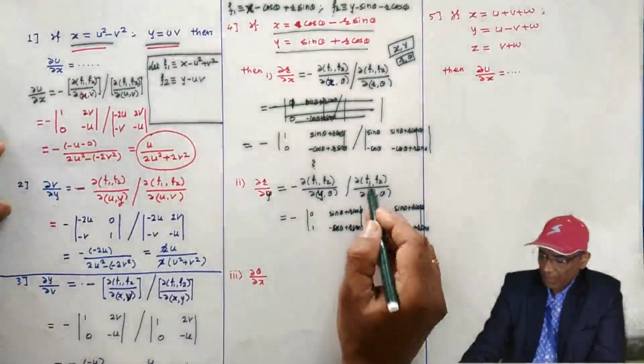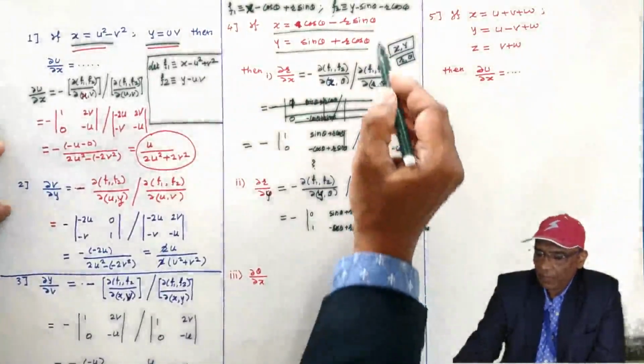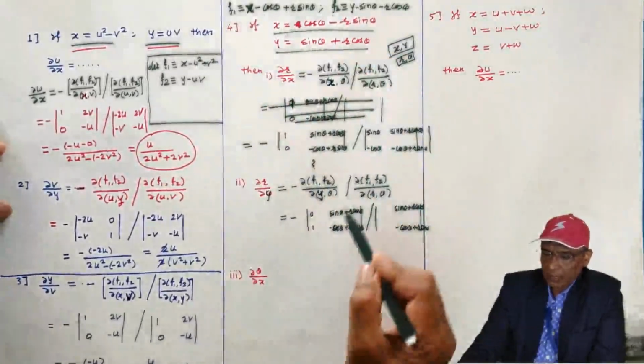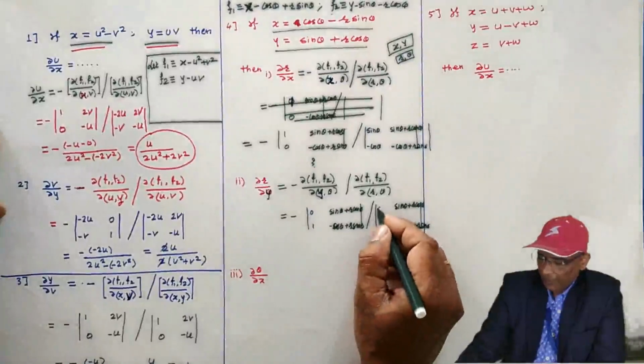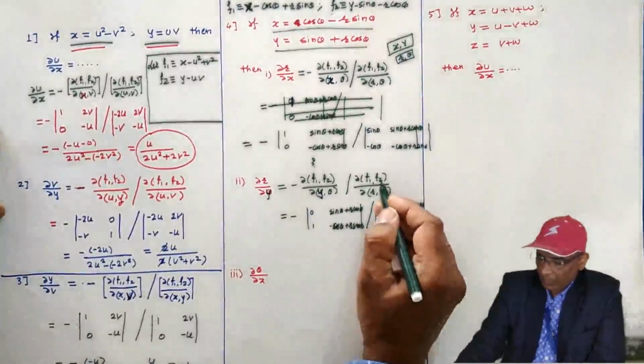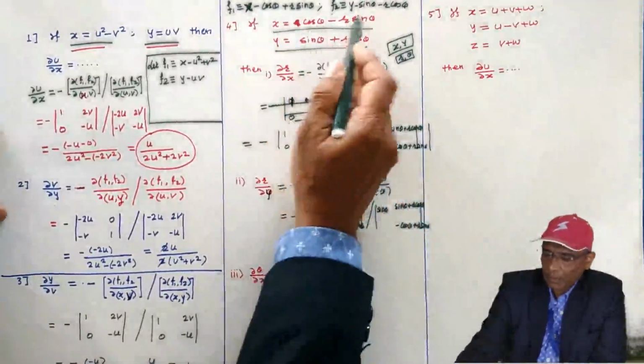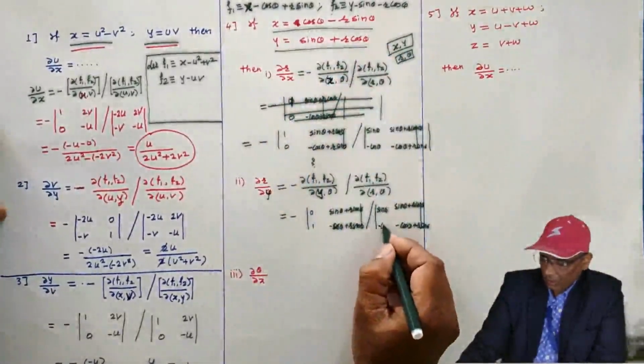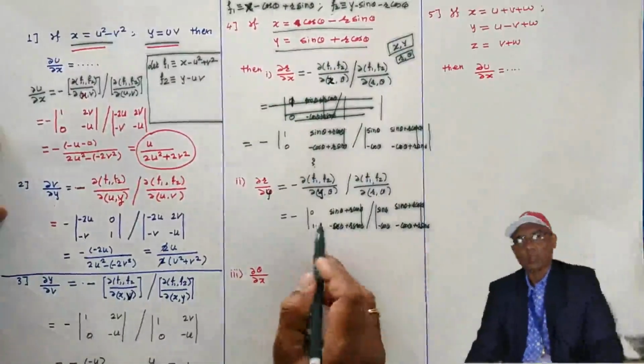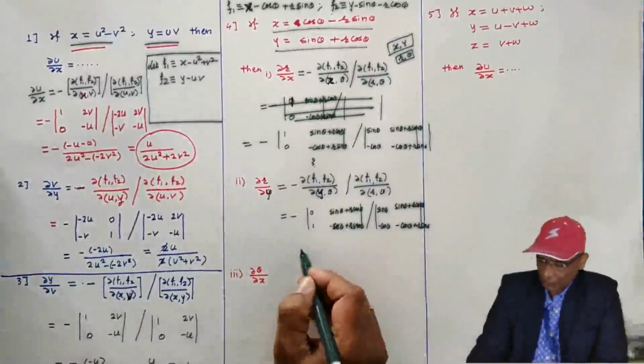Now del f1 by del r is sin theta only here, and del f2 by del r is minus cos theta. Okay, and you can solve the determinant. Okay, this is for you.